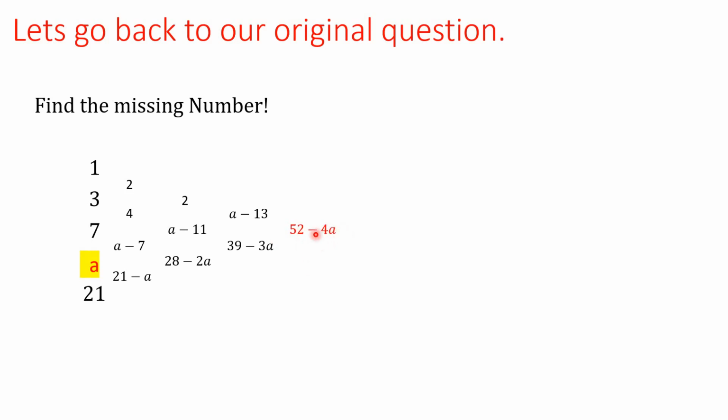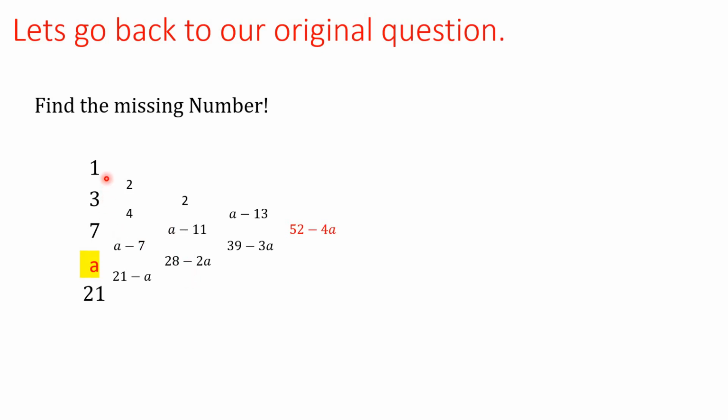Now what about this number? So look at here. As we know only four numbers, 1, 3, 7 and 21, the fourth difference must be 0 in this case. It's like you're finding the fifth derivative of a fourth degree polynomial, something like this. That is always 0. So the same thing happens here.